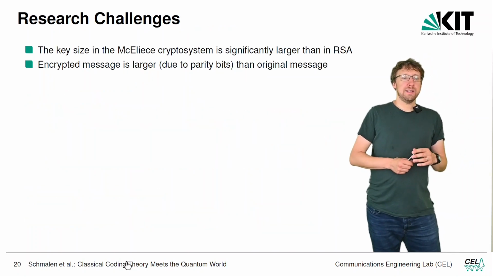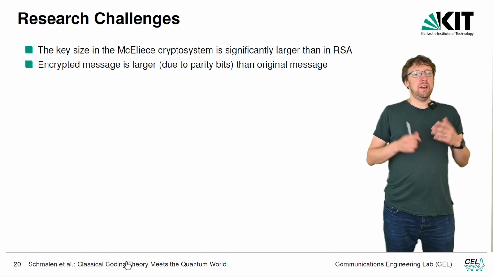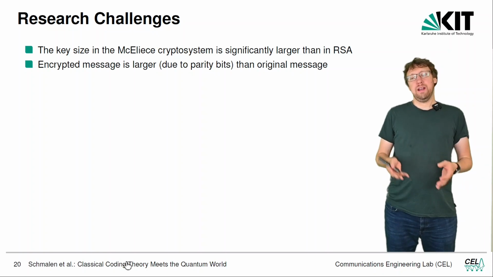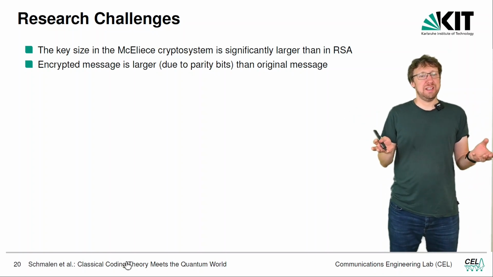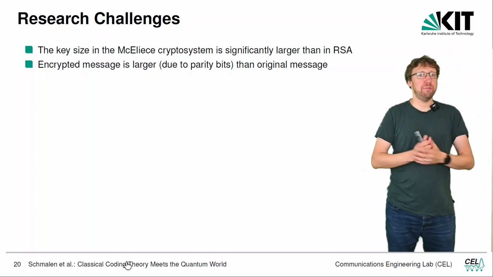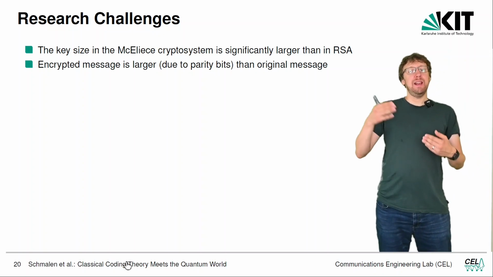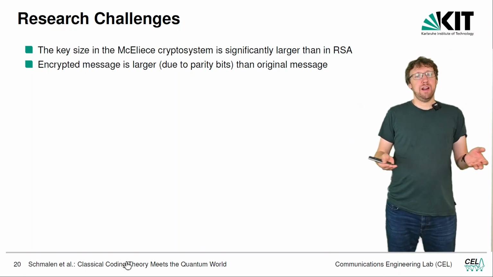So what are some of the research challenges in the McEliece scheme? The key size in the McEliece scheme is significantly larger than in traditional RSA. You're talking about keys that are megabytes in size. So exchanging keys may become a communication bottleneck. Also, the encrypted message is larger than the original message, which is not the case in traditional RSA.